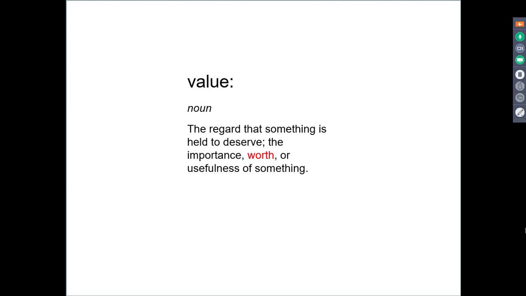And the key word that I want to focus on here is the word worth. So your value proposition is communicating what you have to offer, what you're worth, what your product is worth, or your company is worth, or you're worth to your customer when they buy from you.